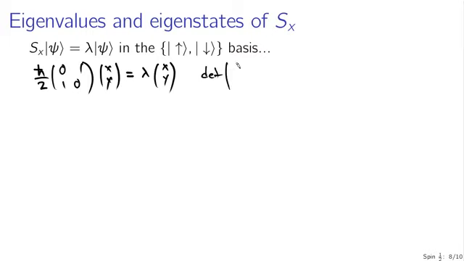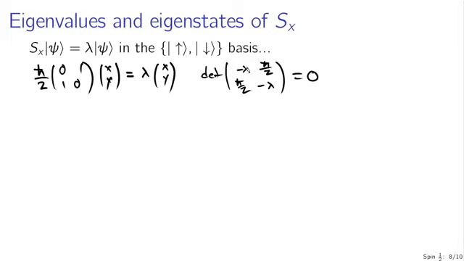So we want the determinant of the matrix, and I'll write it expanding the h bar over 2 into the matrix and subtracting the right-hand side off of this. We're going to have minus lambda h bar over 2, and then h bar over 2 and minus lambda for our diagonal components.